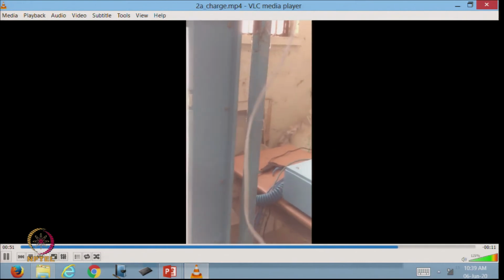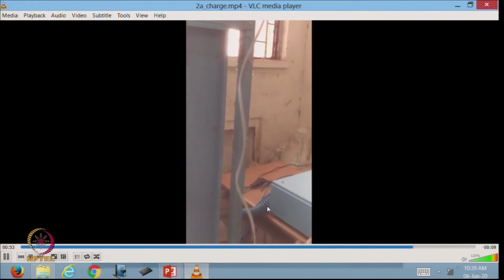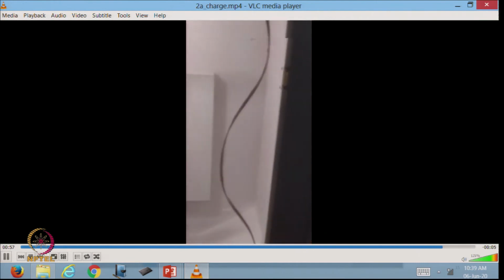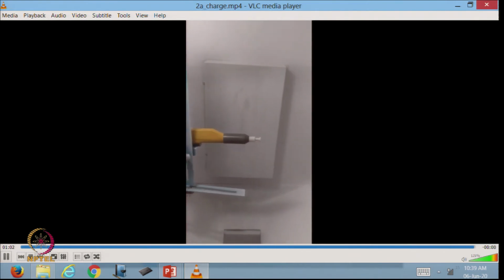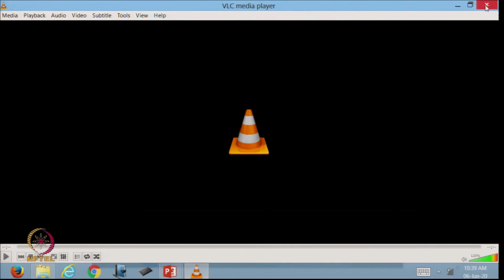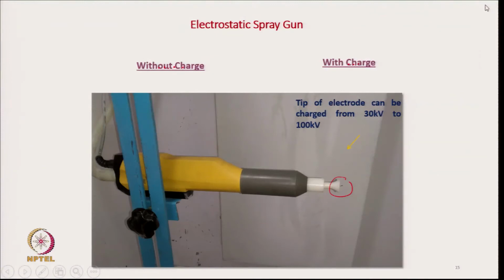The black carbon tow is fully coated with the polypropylene powder. So, charging helps in proper coating.